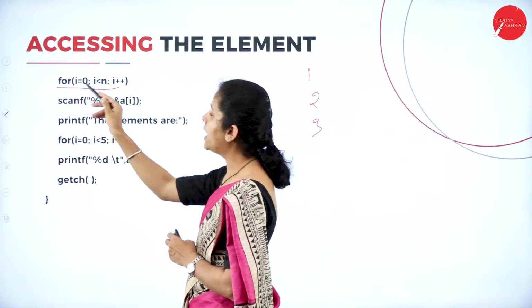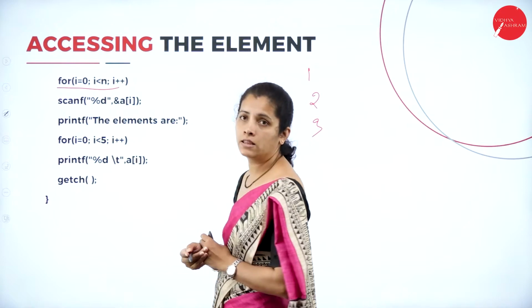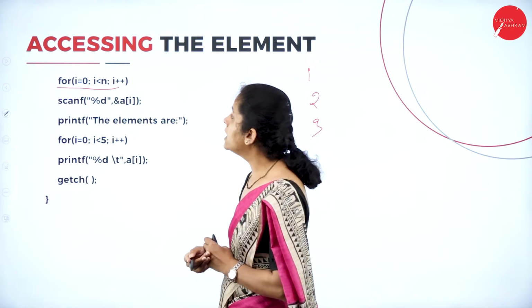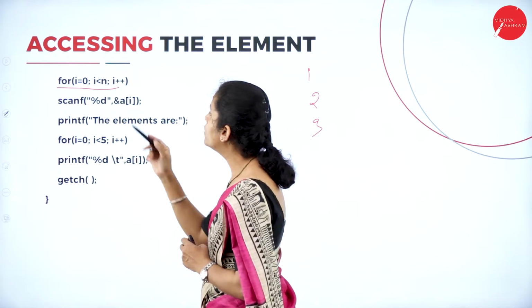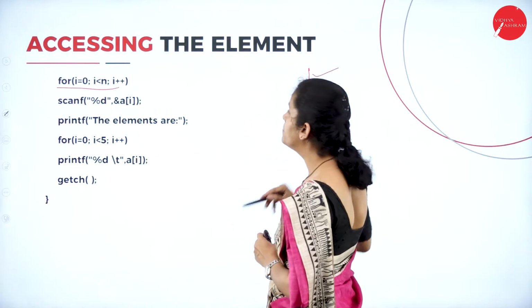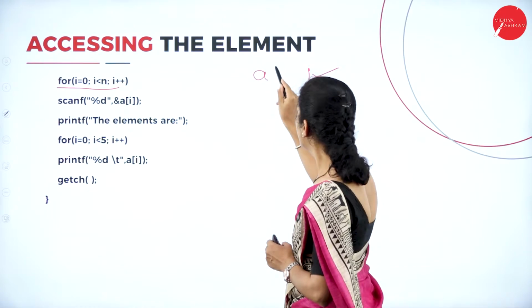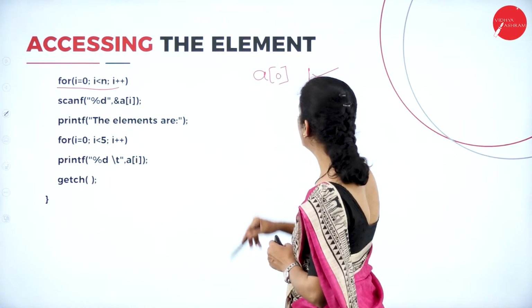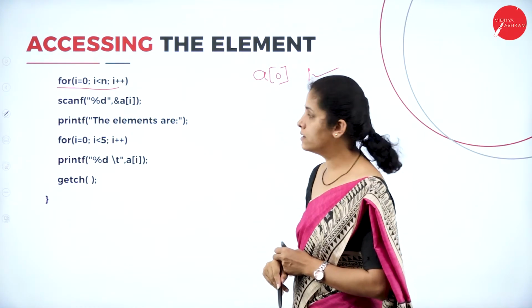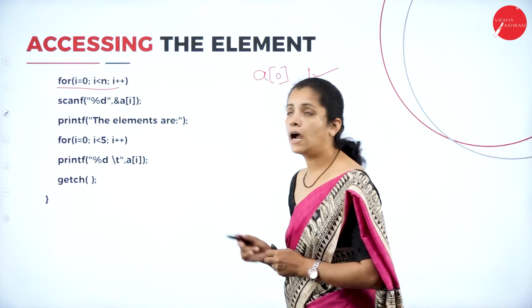So, initially I is 0, I less than 3, n is 3, I less than 3, it is true. So, I'm going to read first value, and I'm going to store it in my array of 0, that is 1. Now, I'm going to increment I by 1.